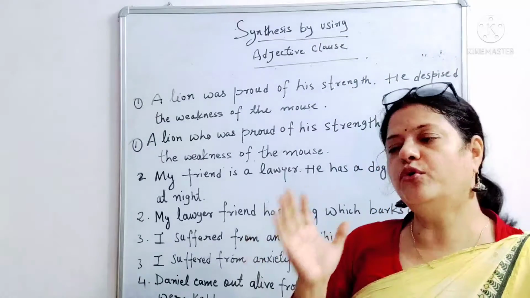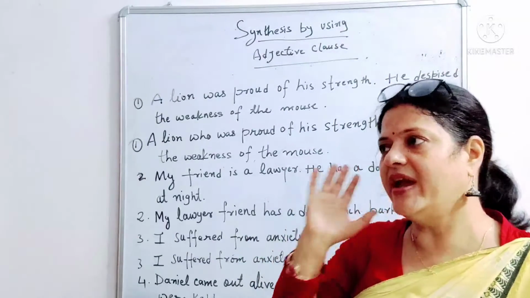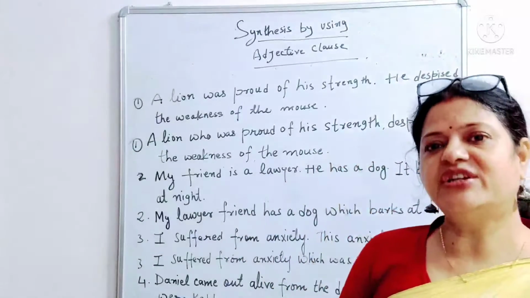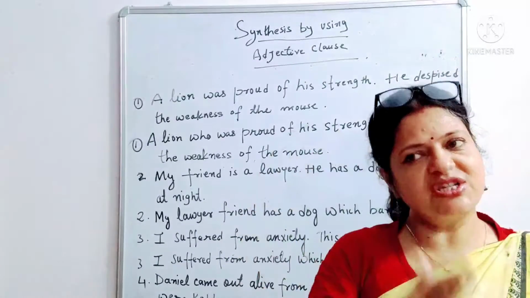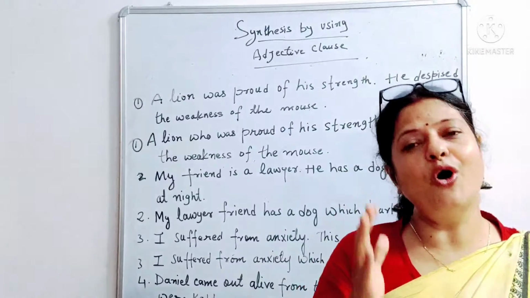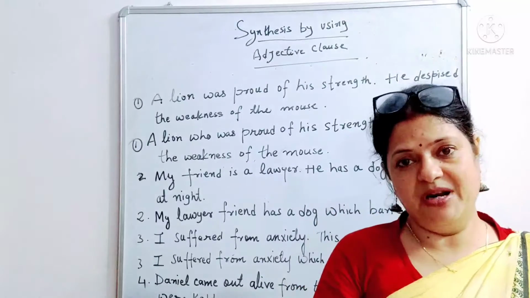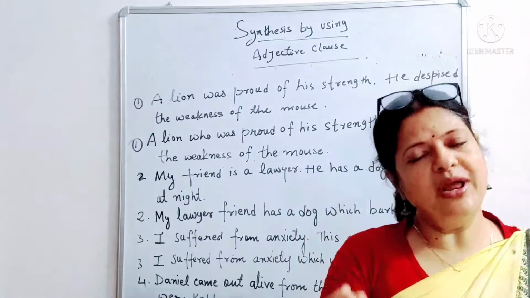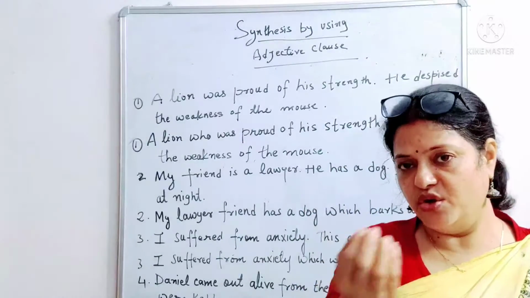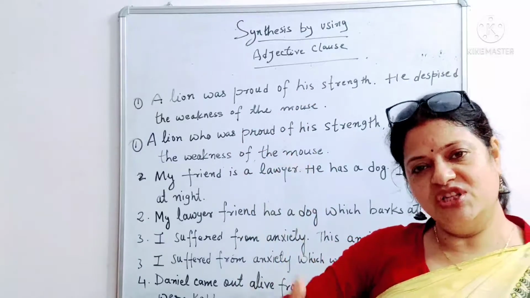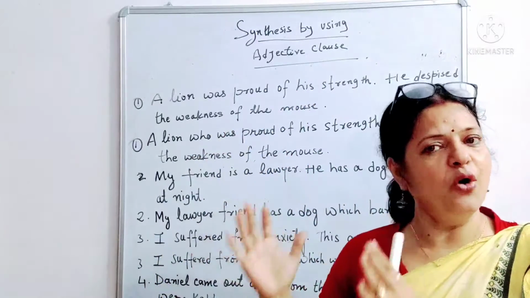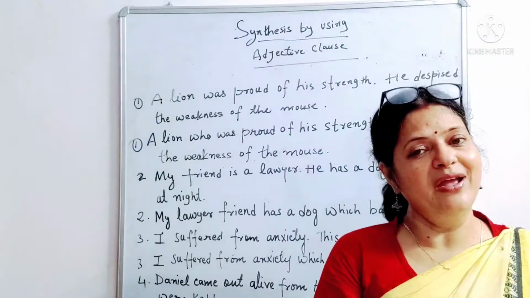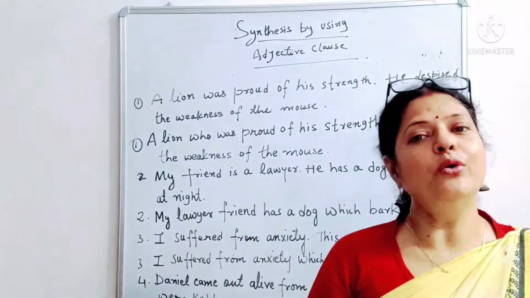Now what we have to do, as we know the rule and have already discussed it, is that the adjective clause comes just after the noun or pronoun in the principal clause. In the principal clause, if some noun or pronoun is there, the adjective clause comes just after that noun or pronoun, to describe or qualify that particular noun or pronoun.